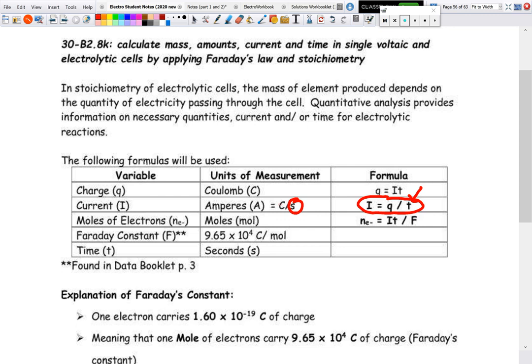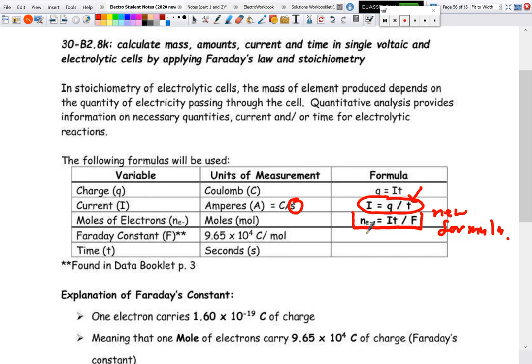So this is our new equation, revolving around the number of moles of electrons specifically, because we're going to be dealing with half reactions. We'll break it down a little later. We have the number of moles of electrons.